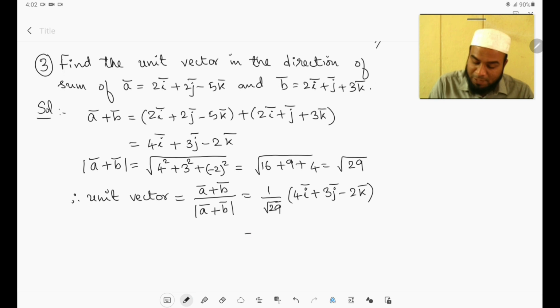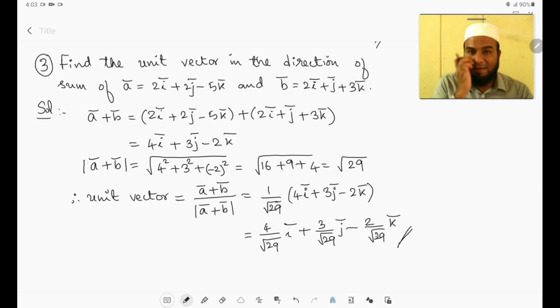Multiply, and we will get 4 by square root of 29 into i bar plus 3 by square root of 29 into j bar minus 2 by square root of 29 into k bar.